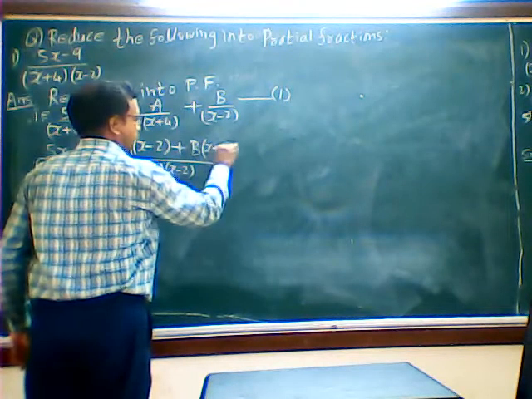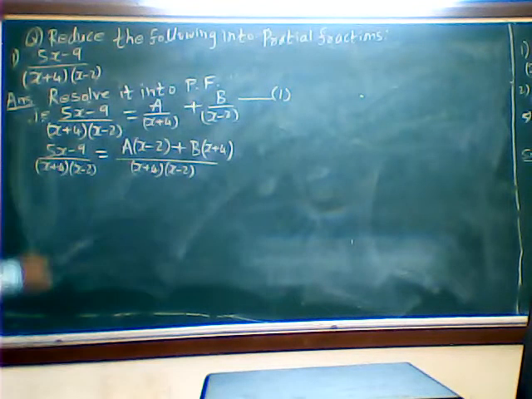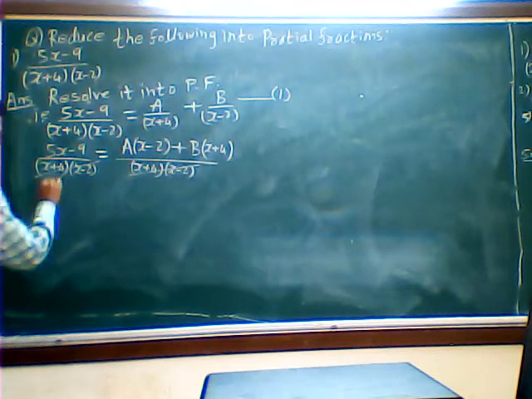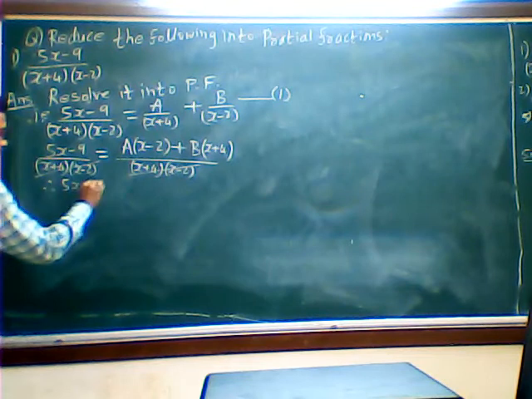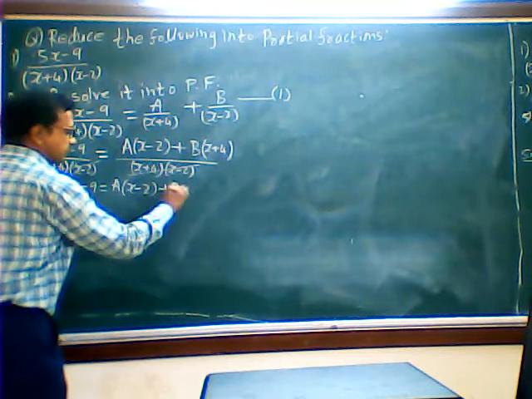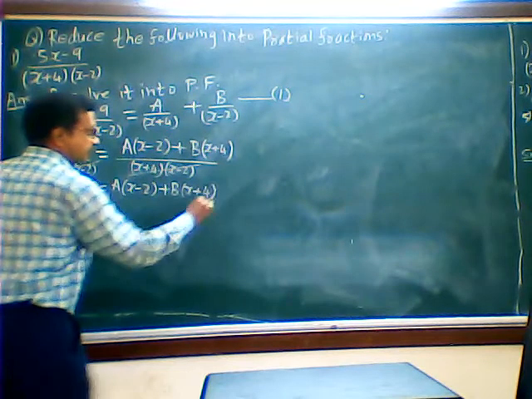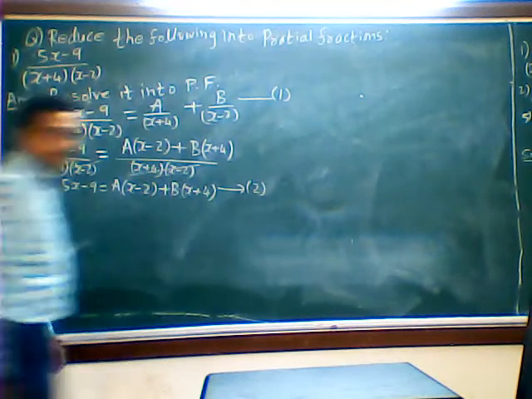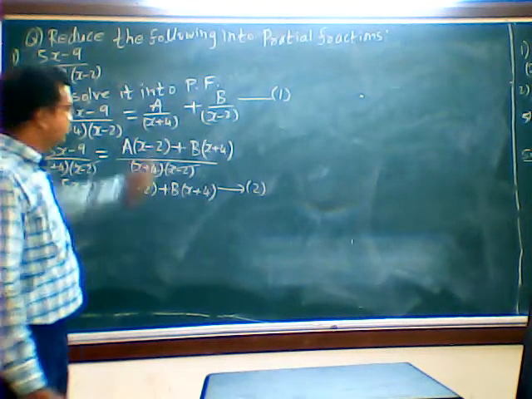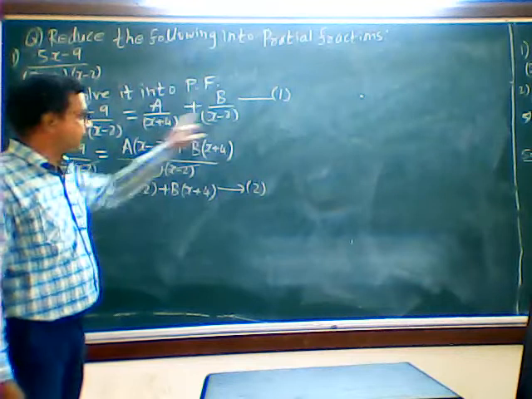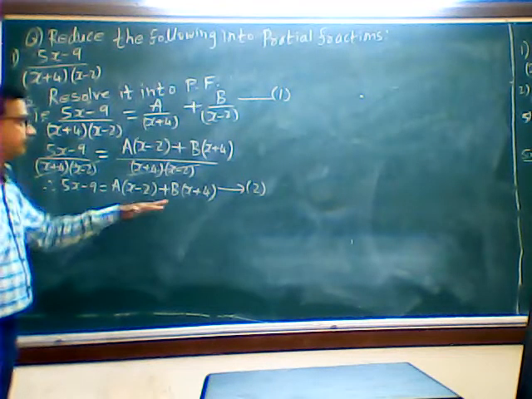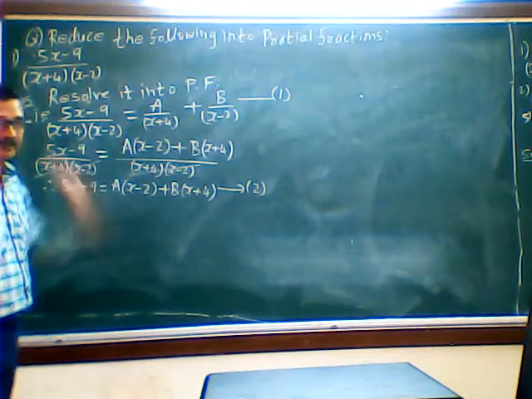After that the denominators get cancelled. Therefore 5x − 9 = A(x − 2) + B(x + 4), equation number 2. Now I will put values of x one by one and get the values of A and B. After getting A and B, I will put them in equation 1, that is the final answer.